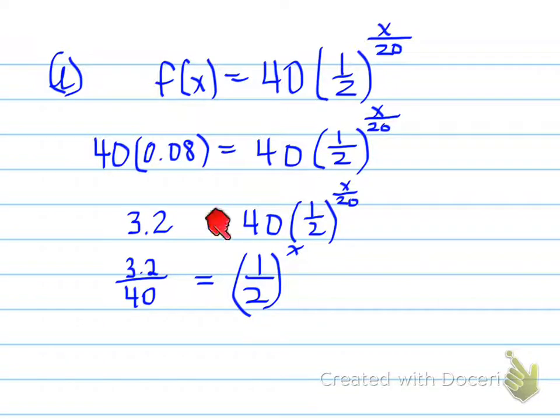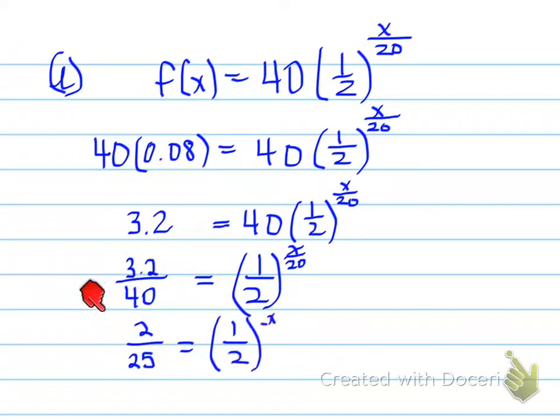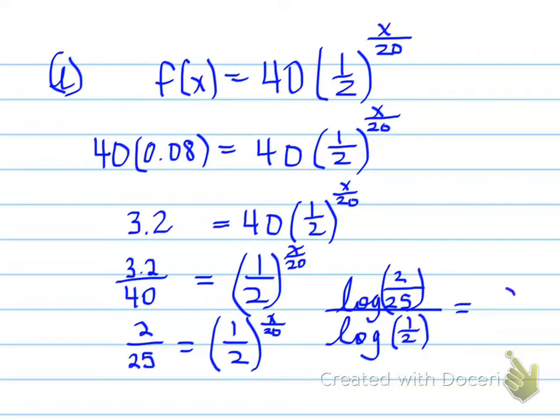3.2, we divide it by 40, reverse BEDMAS, folks. And once we do that, we can then apply something called logarithms. Log of the base, and 2 over 25. So log of 2 over 25, divided by log of the base, is equal to x over 20.